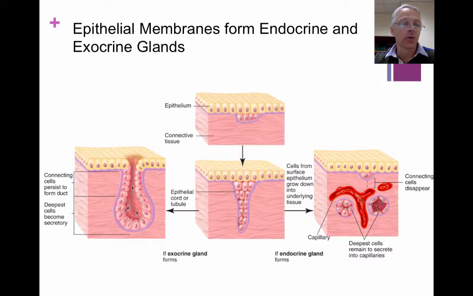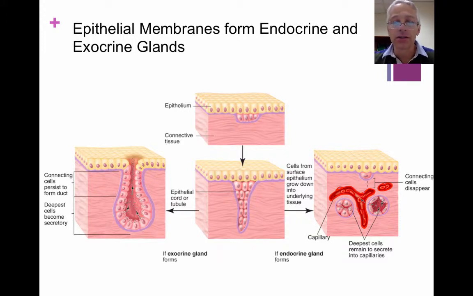Exocrine glands are ones that produce something that is released to the outside of the body. So a sweat gland is an exocrine gland. And you can see that the exocrine glands form when a layer of epithelium forms a pocket, and then an opening, a duct, forms inside that pocket.